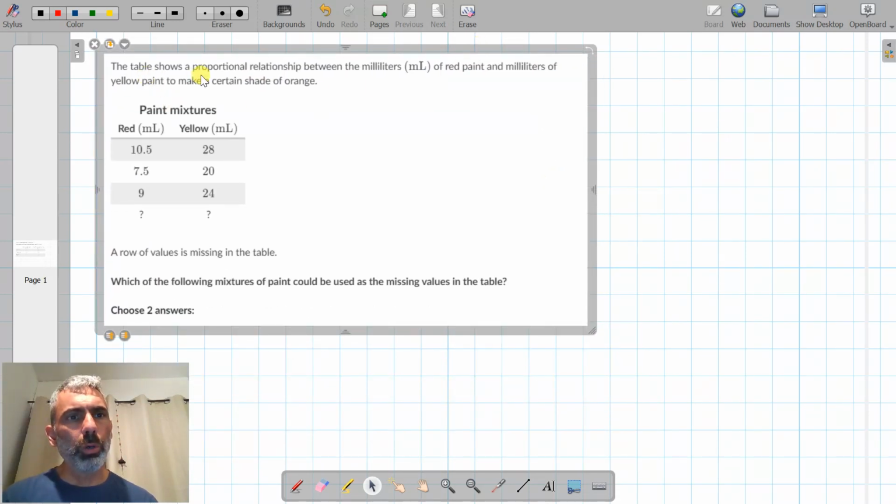The table shows a proportional relationship between the milliliters of red paint and milliliters of yellow paint to make a certain shade of orange.